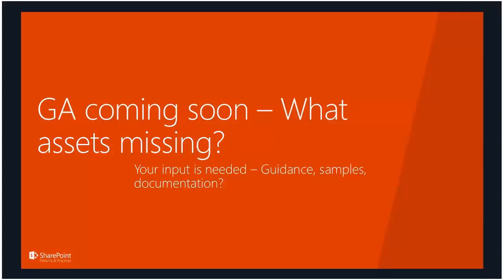I know that you have a lot of questions on the future roadmap of SharePoint Framework, but if we concentrate right now still on version 1.0, and I've been asking this in every single special interest group call since November: the GA of client-side web parts is coming pretty soon. What do you guys need? And if the answer is, well, I don't know, maybe just getting the documentation up to date, that's an awesome answer as well. More guidance, more samples, what kind of documentation is really the question.